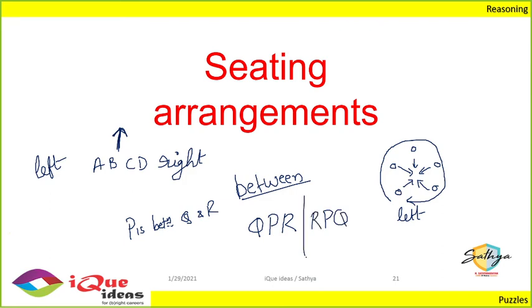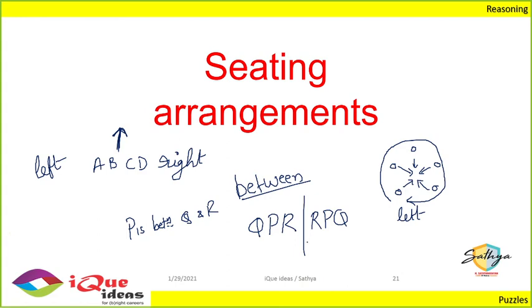There are two possibilities. Don't assume any one of them. You'll have to make both the diagrams and keep continuing both the diagrams till you reach a point when one of them is impossible to continue with. So that gets eliminated. The other one is your answer. But till you don't know which is on the left and which is on the right, you will have to consider both the possibilities. Did we understand this point?